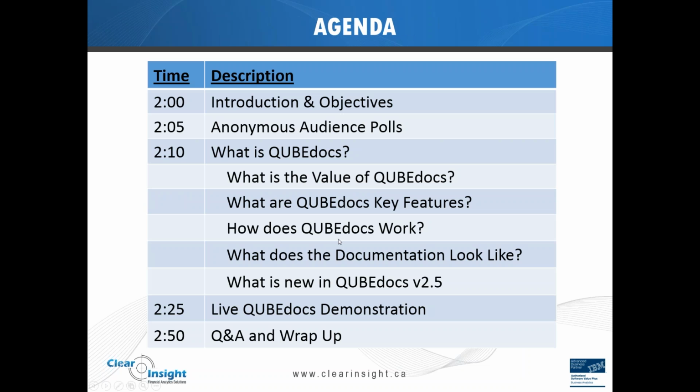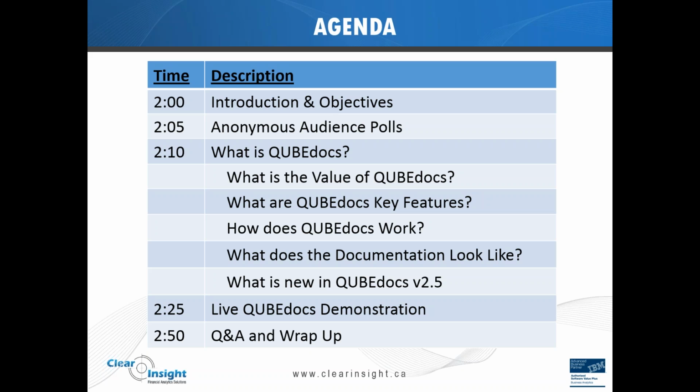So our little agenda is we're going to do just some introduction and objectives of what we have in the webinar today. We have a couple of audience polls through the progress of the webinar to get some input from each one of you that are on the call and to understand what perspective you're coming from as it relates to Cognos TM1, Cognos Enterprise, Cognos Express, whatever you might be using on your end of things, and where QUBEdocs might be of value to you.